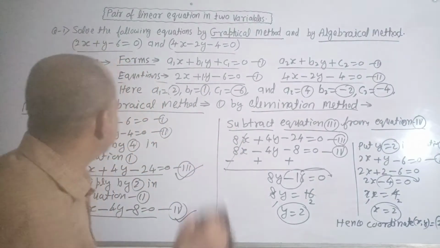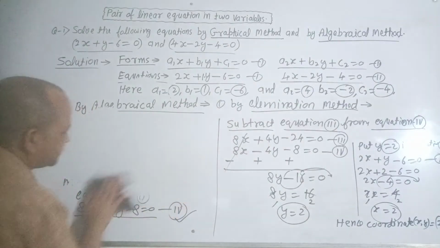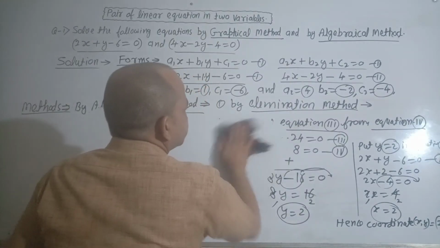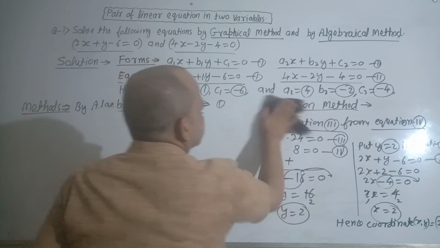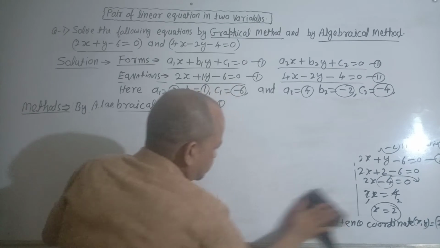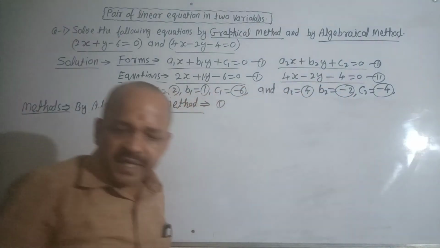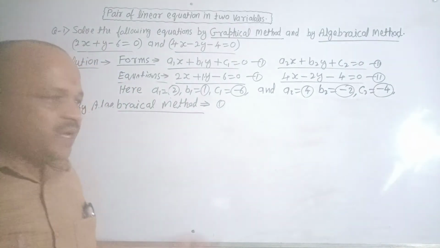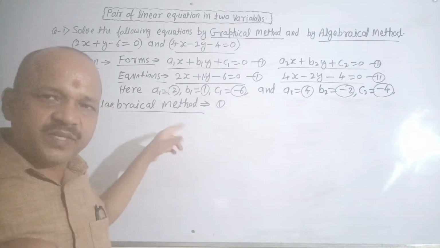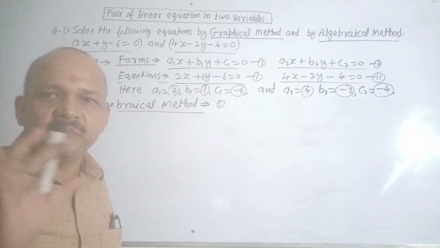Next step, by cross multiplication method. Graphical method clear, elimination method clear, substitution method clear. Now cross multiplication method.